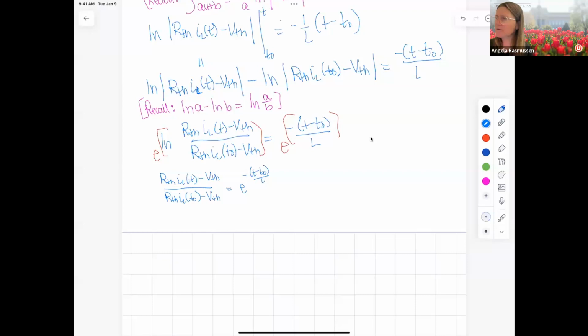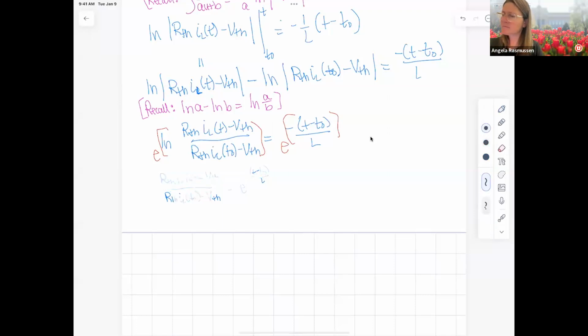Natural log. I wrote this wrong from here.